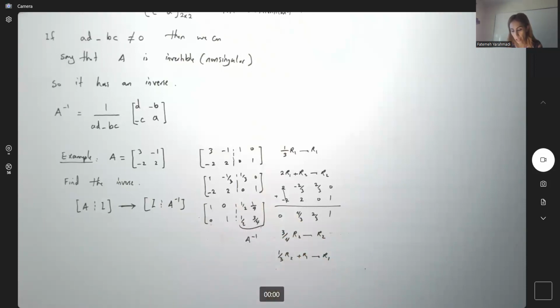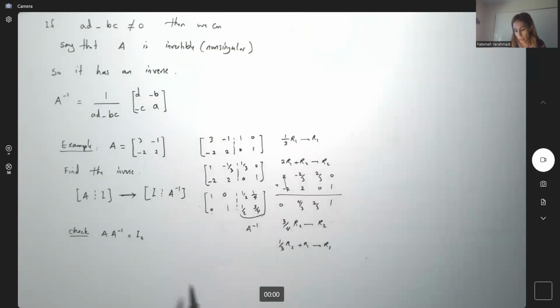Remember that you can always check your work. How do we check the work? You can multiply A and this new matrix, and it must be equal to I2, the identity matrix of size 2, but let's check to see if it actually works the way that you want. 3, -2, -1, 2.